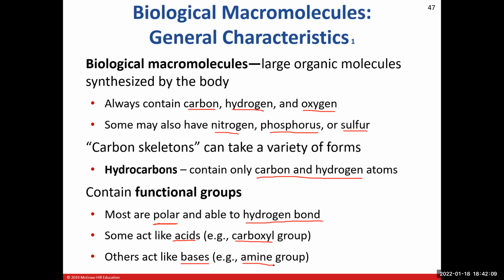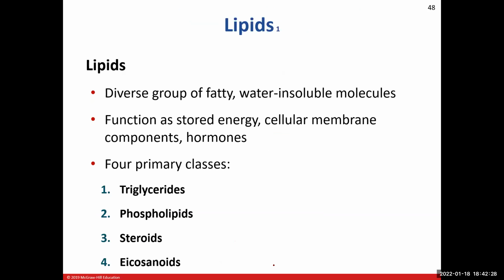Again, I'm just giving you some real basic information. The important thing is these functional groups really provide us with the reason why these molecules function or work the way they do.